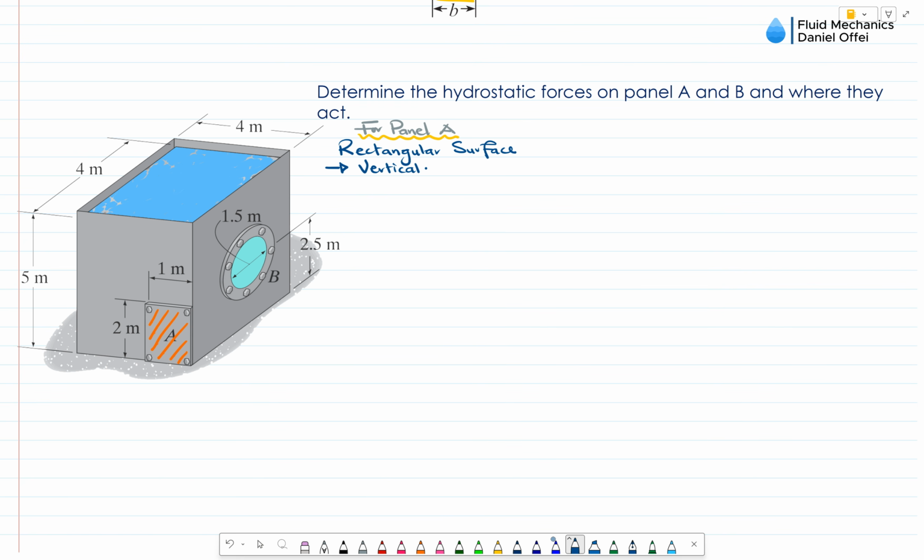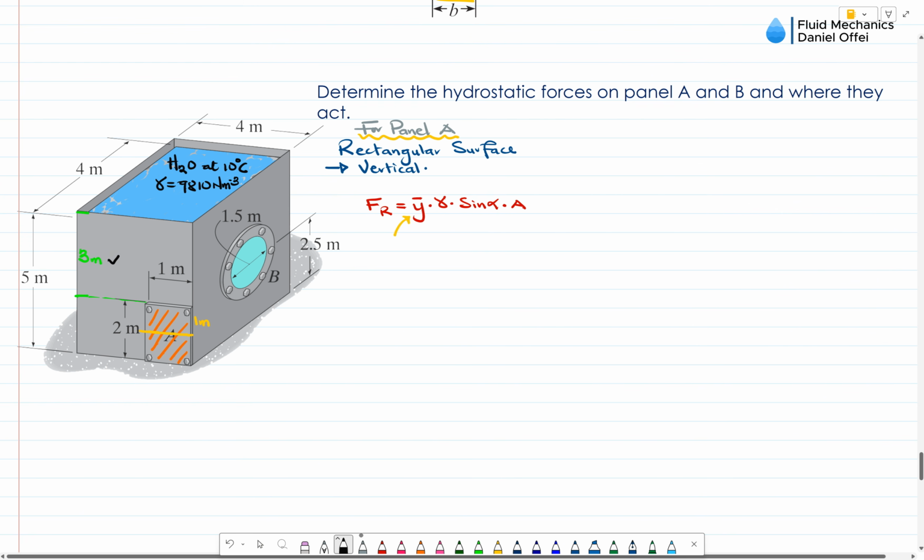So to solve for panel A, we see the resultant force equals y bar times the specific weight times sin alpha times the surface area. Y bar, we have already stated that it is the distance from the free surface to the centroid of the object. Then we can say from the surface to the centroid will be 4 meters.